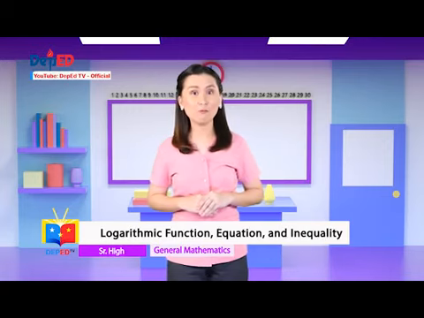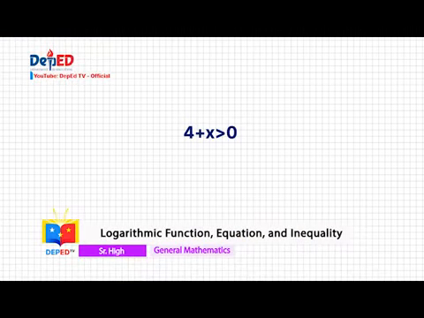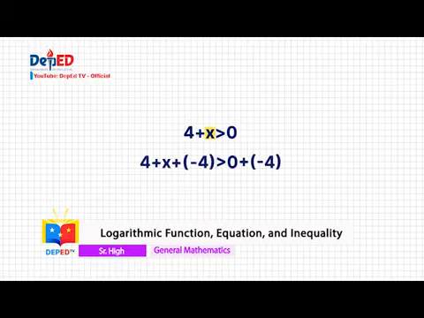Let us now have 4 plus x. Again, this has to be greater than 0. We isolate x on one side of the inequality. By addition property of inequality, we add negative 4 to both sides. That is, 4 plus x plus negative 4 is greater than 0 plus negative 4.